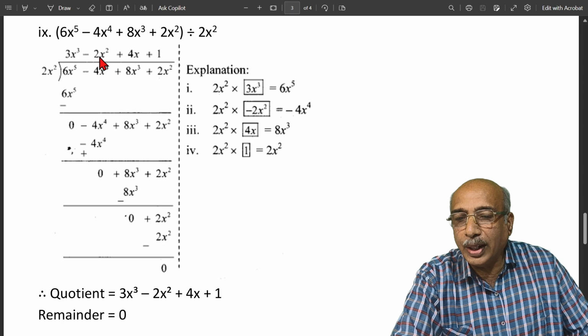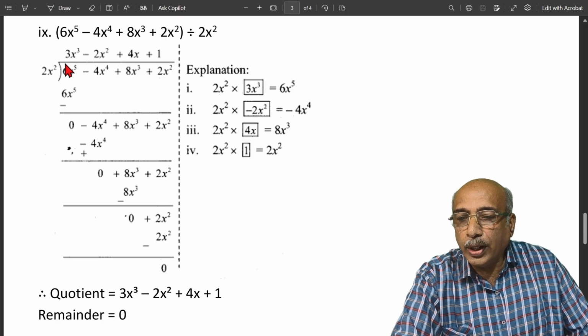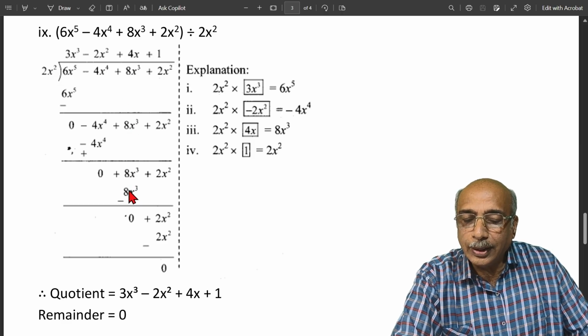X square into x square, x raised to power 4. Simplify this, this remainder becomes 0. Bring down the next two terms, 8x cube plus 2x square. 4 into 2 will be 8. X square into x will be x cube. Again these two terms are there. Simplify it, remainder becomes 0.